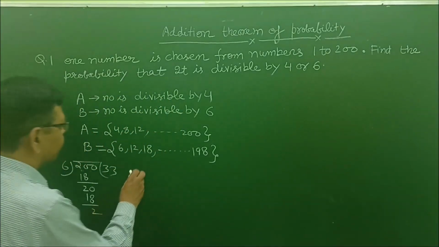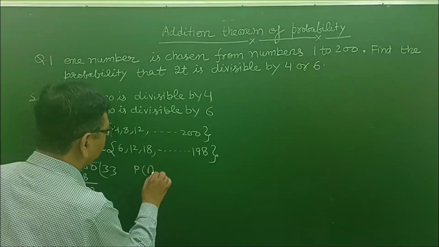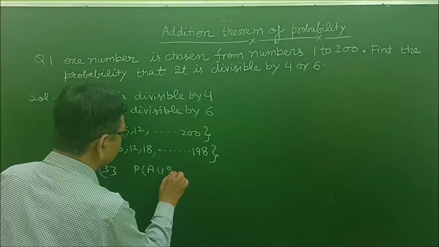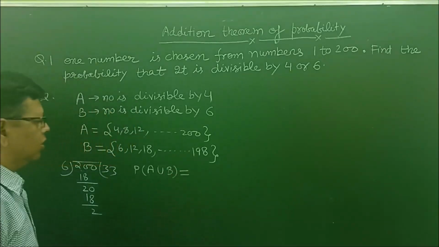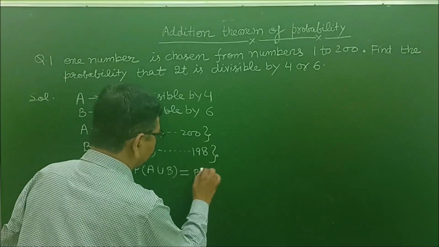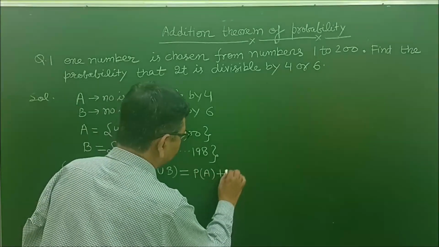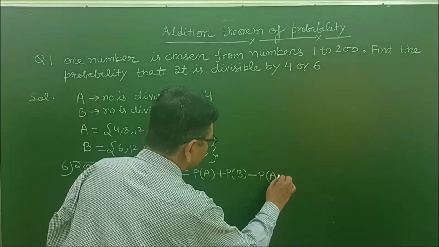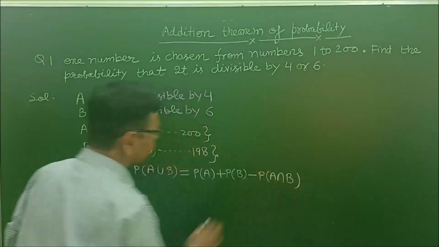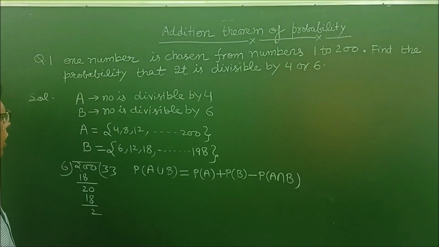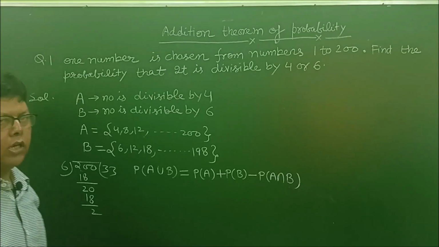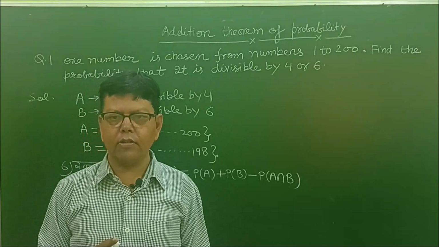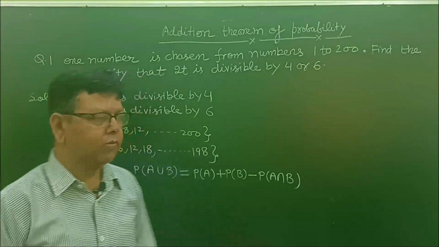So the probability of A or B, that is A union B, is equal to probability of A plus probability of B minus probability of A intersection B. A intersection B is the number divisible by both 4 and 6, which means it is a multiple of 12.